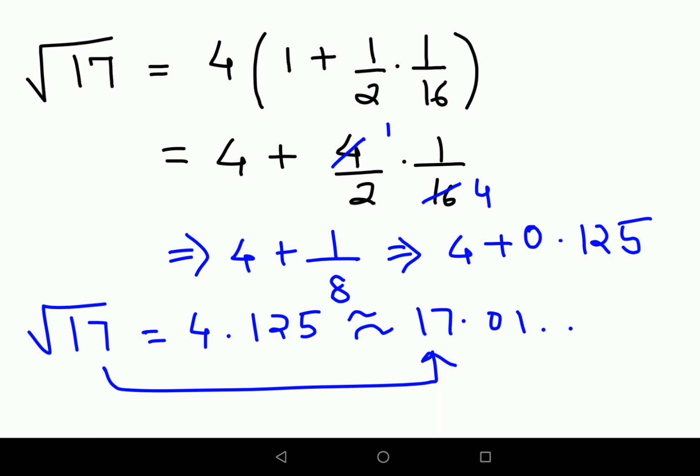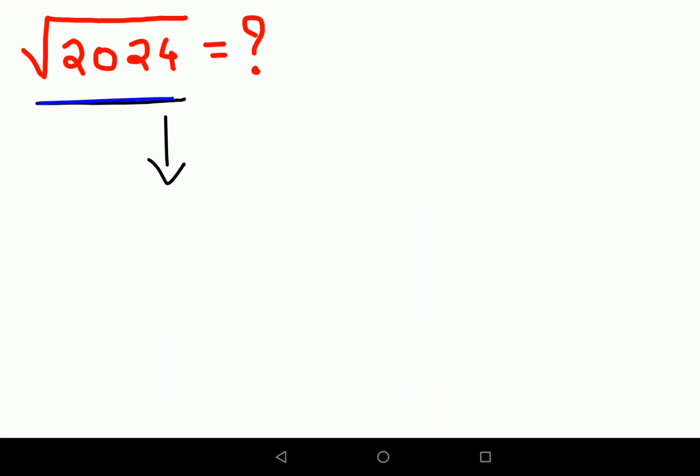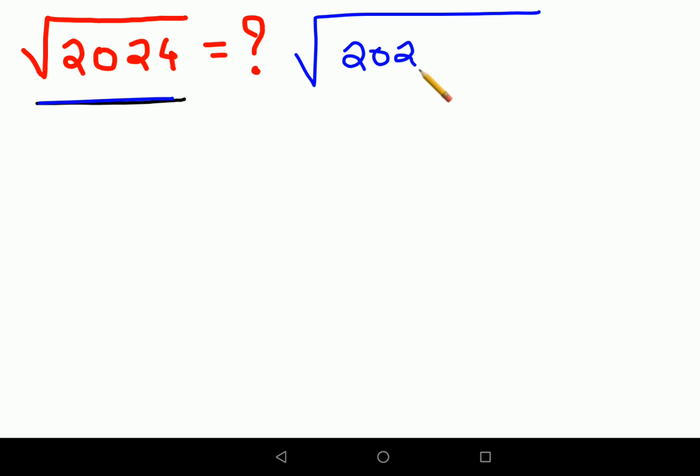Now coming back to our question, like I said, we will first write 2024 in its closest form of a square. I know 2024 can be written as 2025 minus 1. Very important, you have to write this entire question in the form of 1 plus minus n raised to a power.